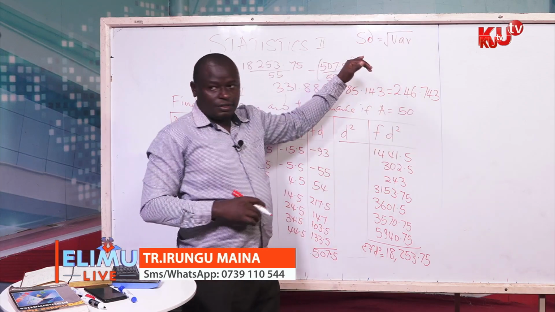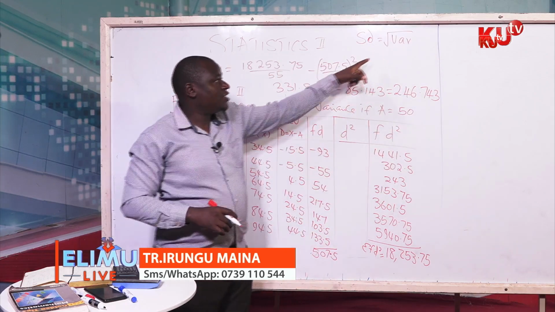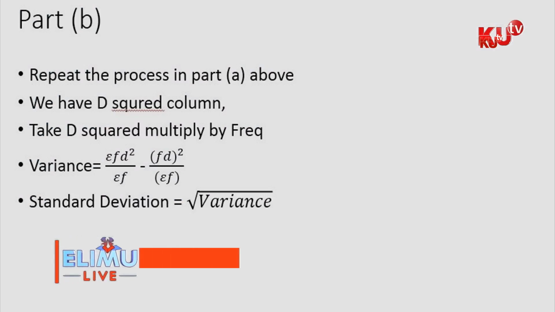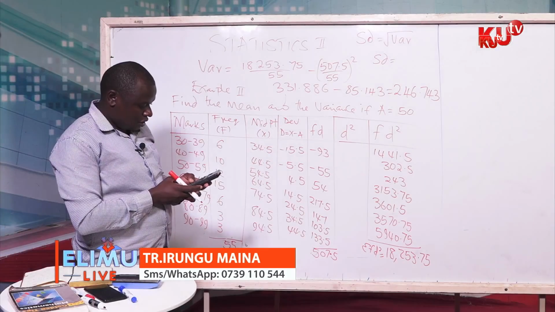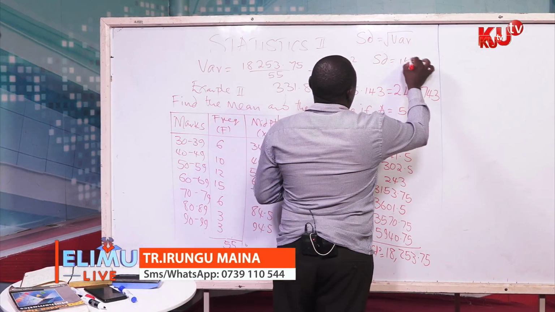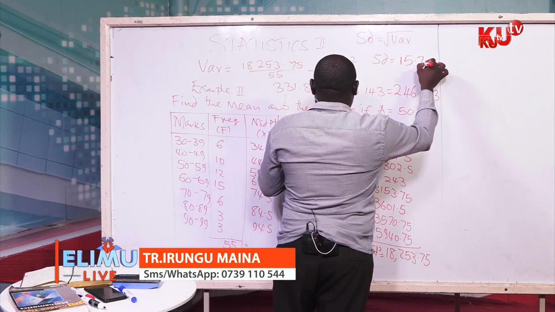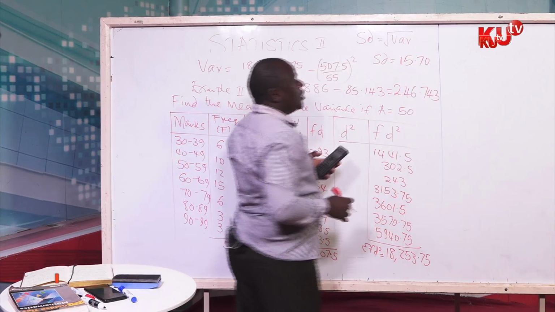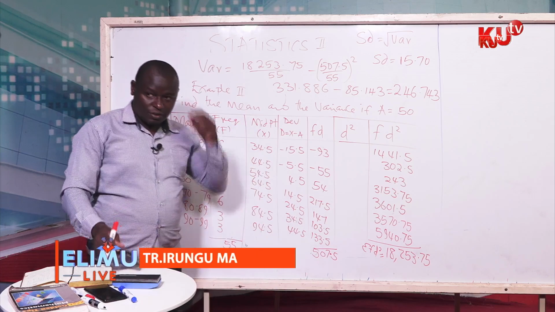So SD is given by the square root of 246.743, and I'm getting 15.70. That is my standard deviation.